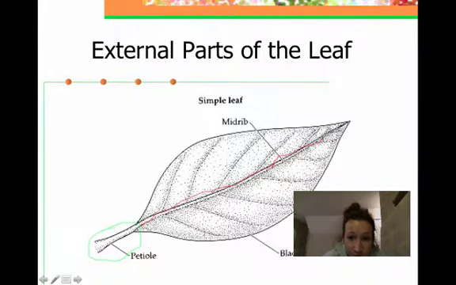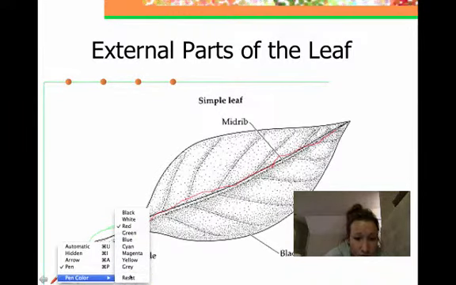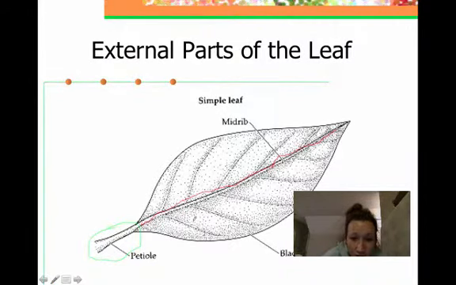It's going to be the biggest or largest vein. And then to show you the blade, we will use yellow. So all this part here is the blade of the leaf. It's basically just the surface. Okay?